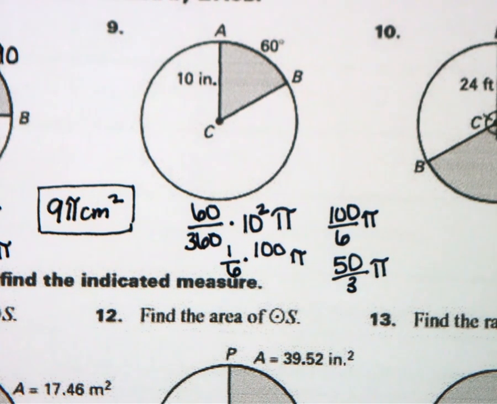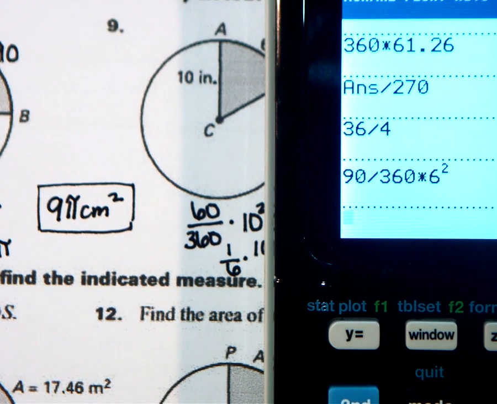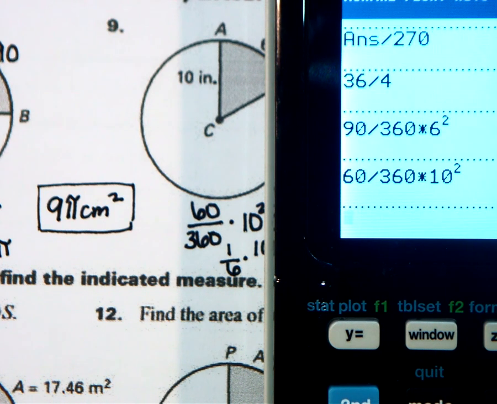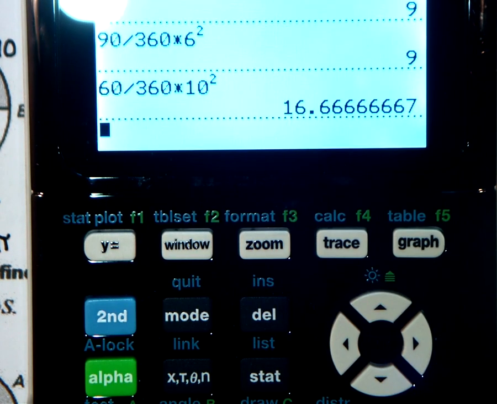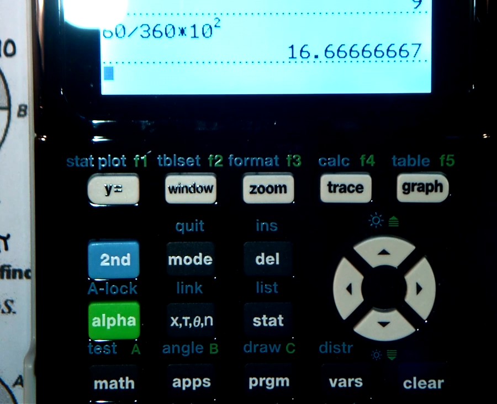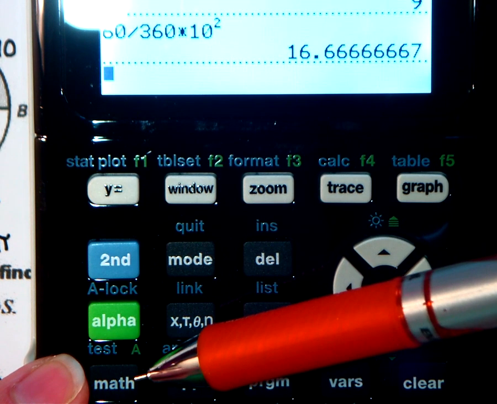Okay, and with the Desmos app, that's super slick to do. And remember, if you have one of these graphing calculators, which you're going to need next year anyway, and you're typing this in, so 60 divided by 360 times 10 squared, it does give you a decimal, which you can see there. But if you use the math button, which is the third one down on the left, so math is right here.